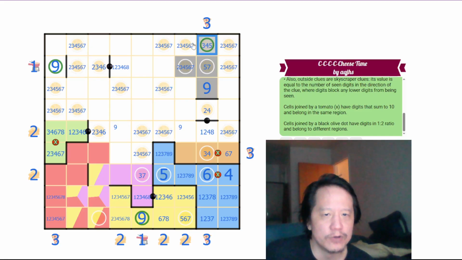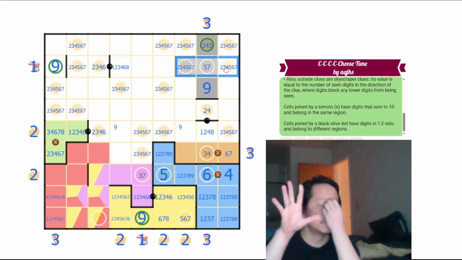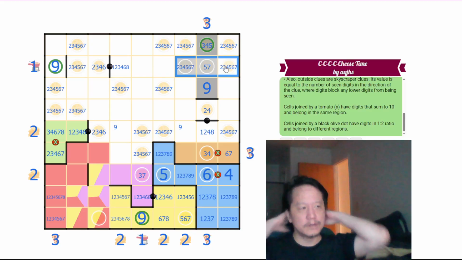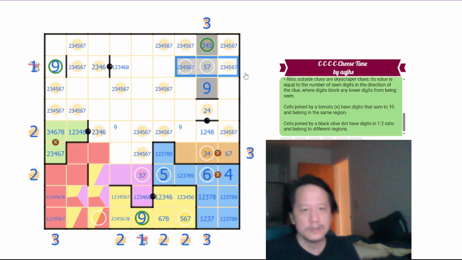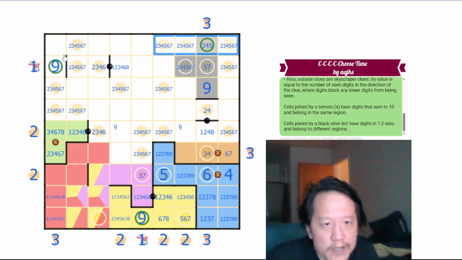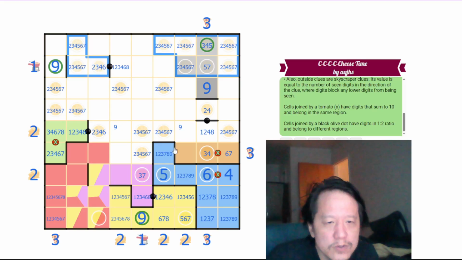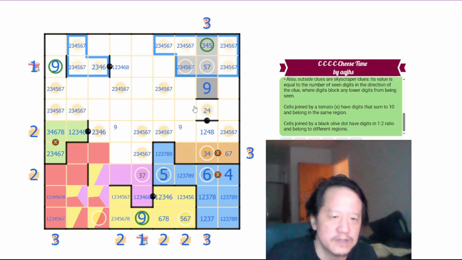How many rows have 5 red circles in them? We have 6 different digits that can be in the circles. So we have 1, 2, I think that's it. 2 rows with all 5 circles in it.